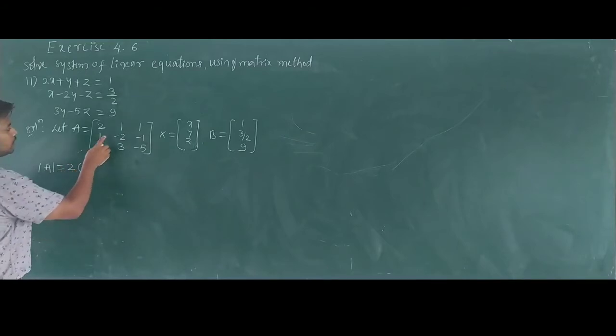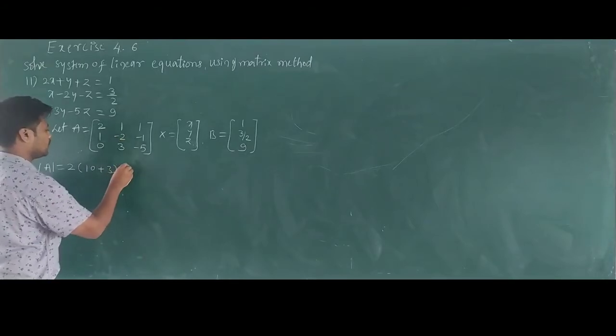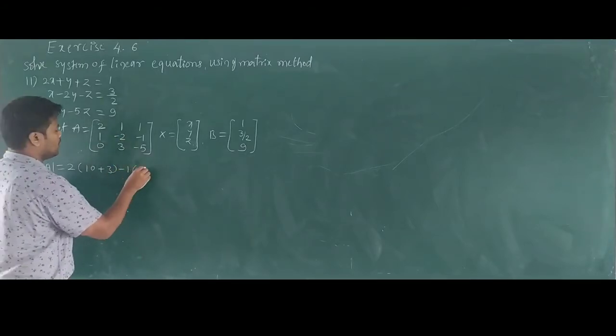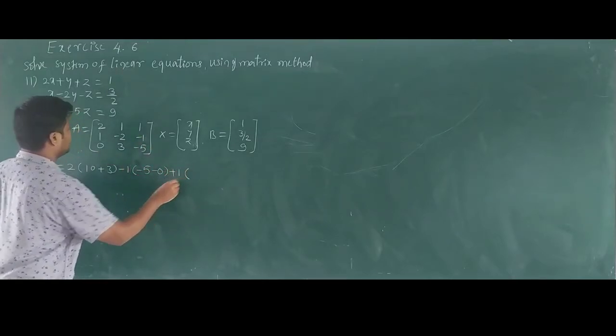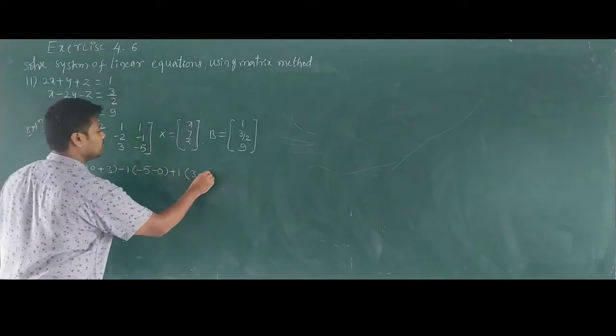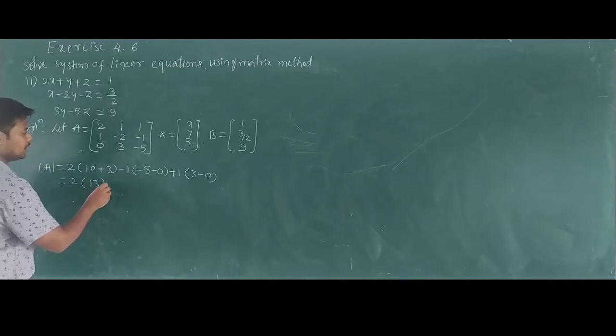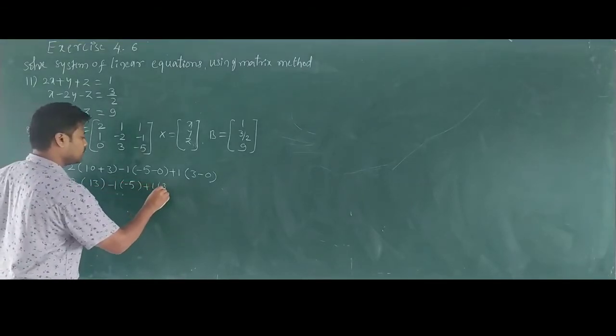First point, determinant of A. Determinant of A is 2 into 10 plus 3, minus 1 into minus 5 minus 0, plus 1 into 3 minus 0. Okay, this is 2 into 30 minus 1 into minus 5 plus 1 into 3.